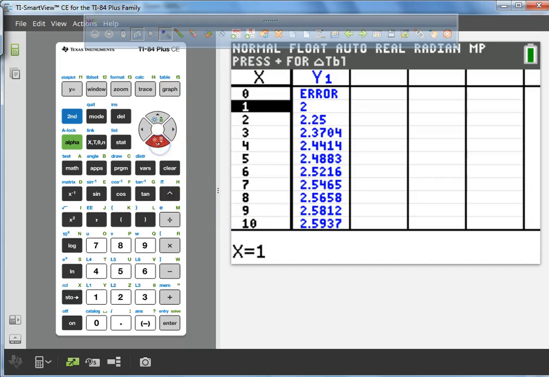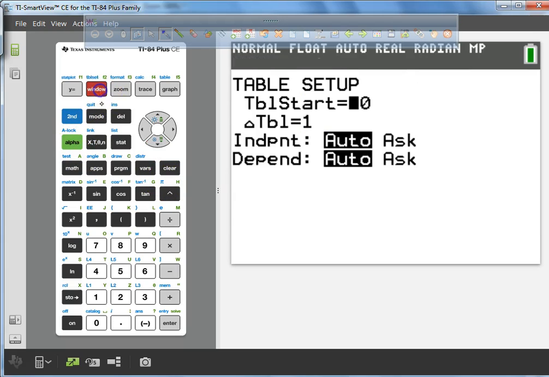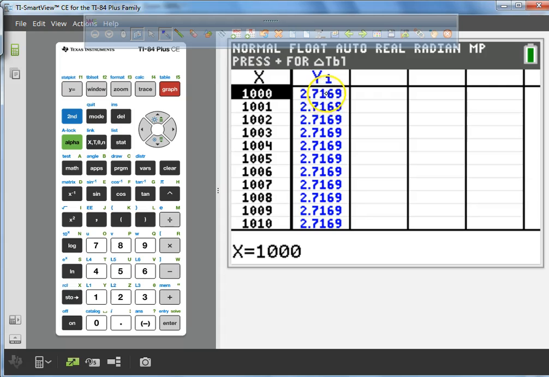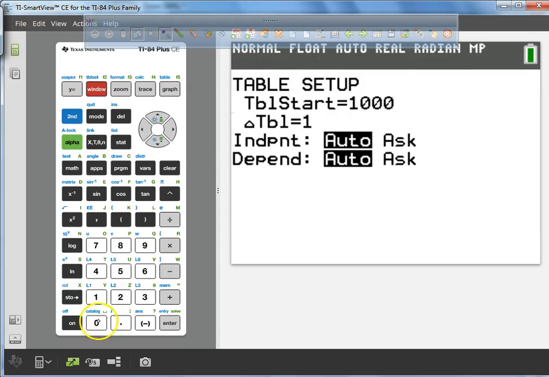You're like, wait a second, that's not 2.718. But look what happens as I keep going. It's going to get closer and closer to that 2.718. Check this out. Second table. Watch what happens when I type in the number 1,000. What happens if I type in not 1,000 but 10,000?